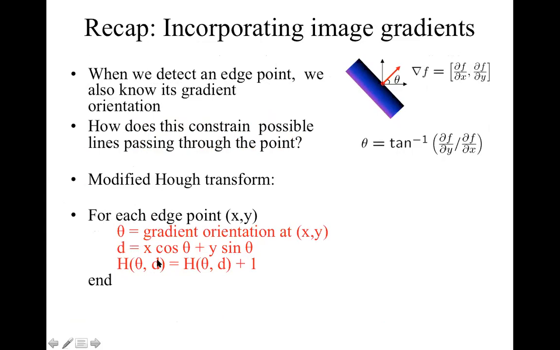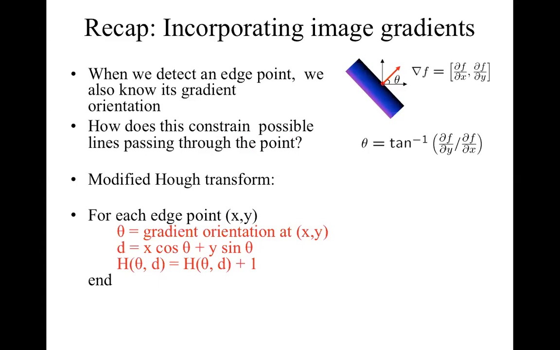We have a modified version, and one possible modification that will also make the algorithm very fast is that instead of allowing each edge to vote for all possible lines that pass through the current point, you use the theta you have computed for the current point x, y.